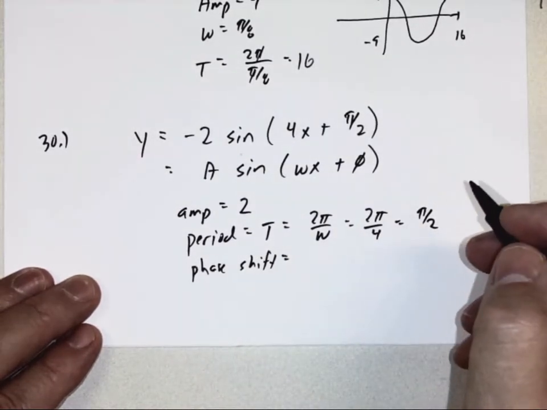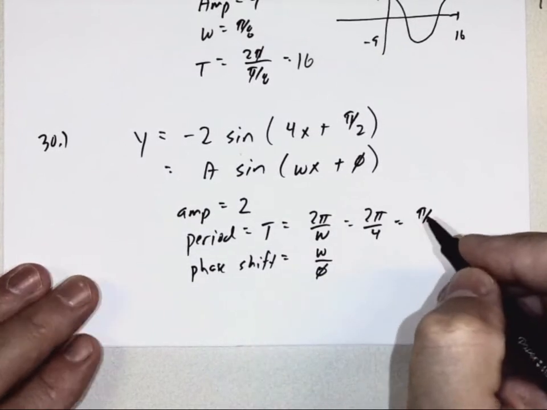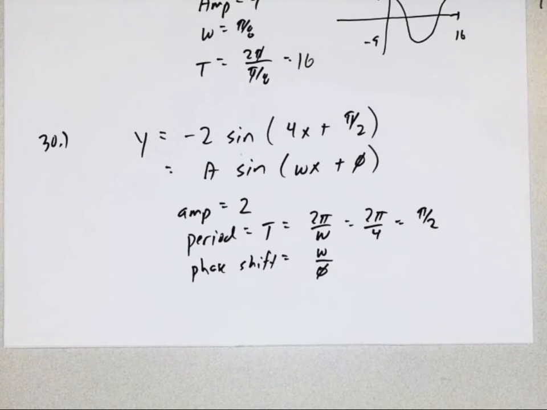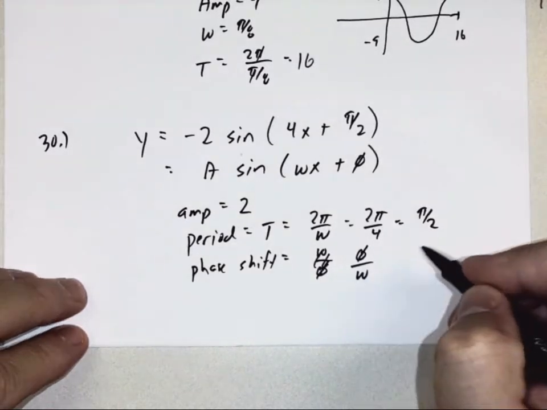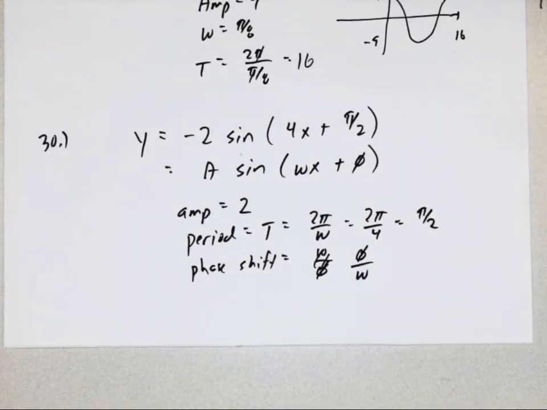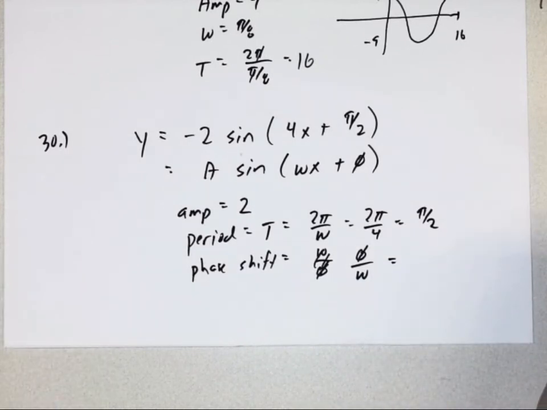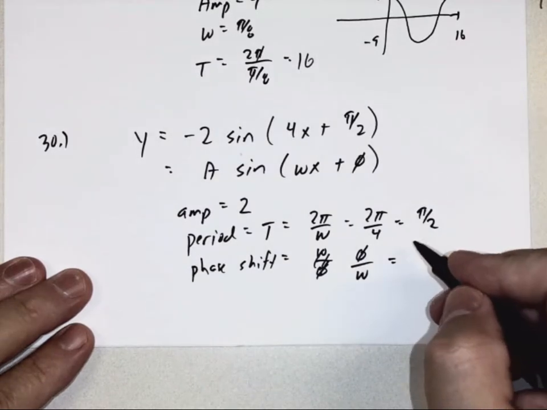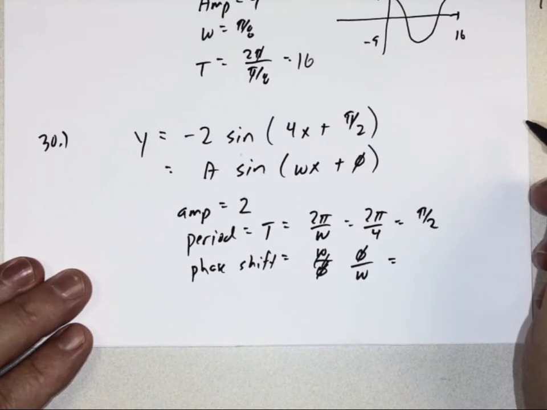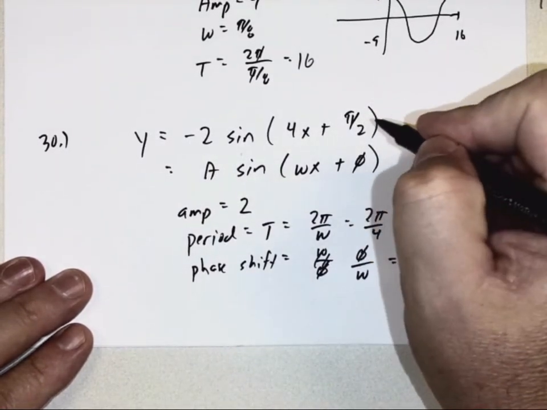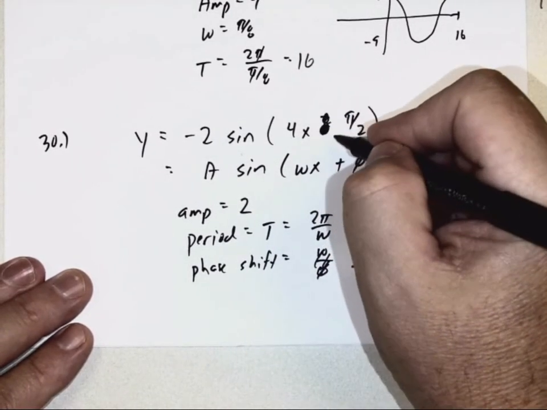is actually, I think this is backwards. I think it's psi over omega. So psi is, actually, looking at this answer, whoops, that's my problem.